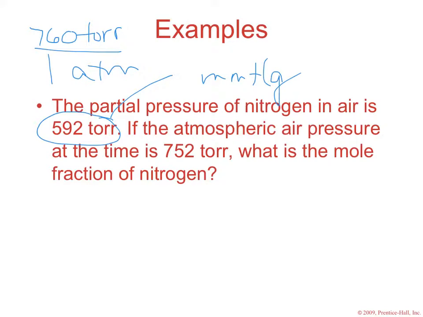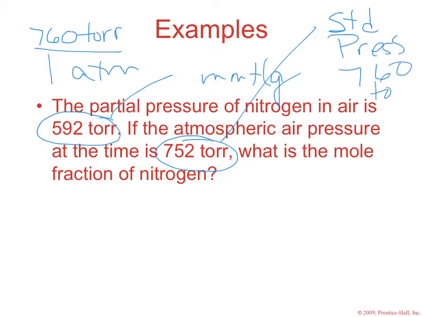If the atmospheric air pressure at the time of this reading is 752 torr, now what is standard pressure typically at sea level? It's typically 760 torr, but obviously it varies day to day. You can even call your local weather, and they'll tell you what the atmospheric pressure is. It'll usually be close to 760 torr, but not always spot on.